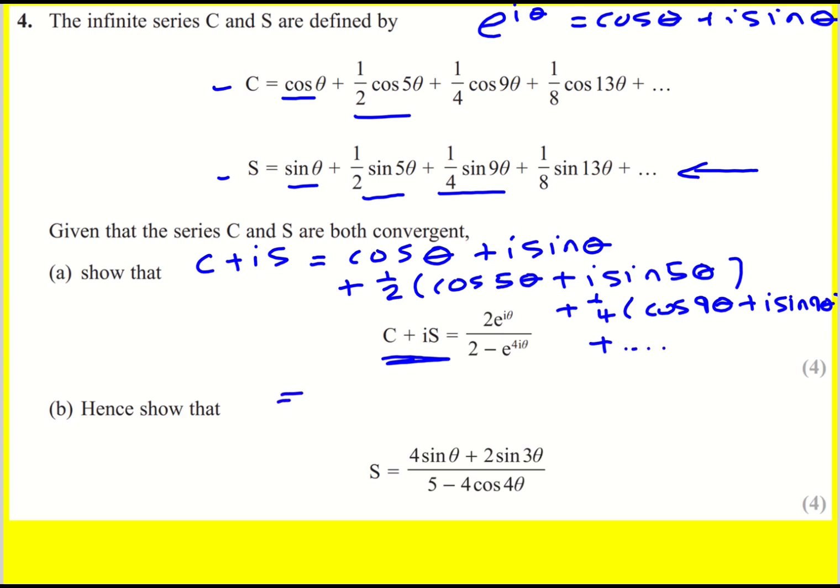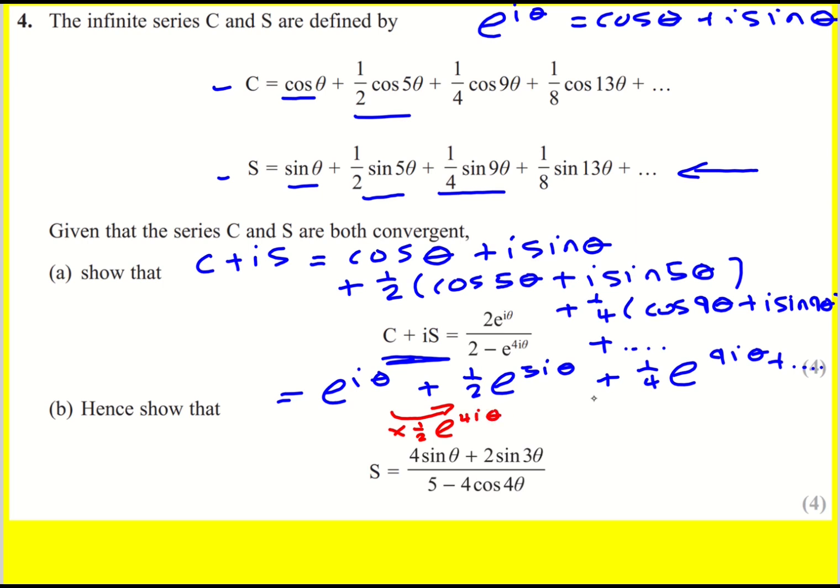But then using Euler's relation, I'm going to get e^(iθ) plus a half e^(5iθ) plus a quarter e^(9iθ), and so on. And if we look at this, we can see that each time we're multiplying by a half e^(4iθ).